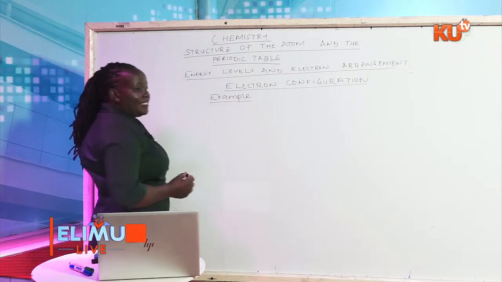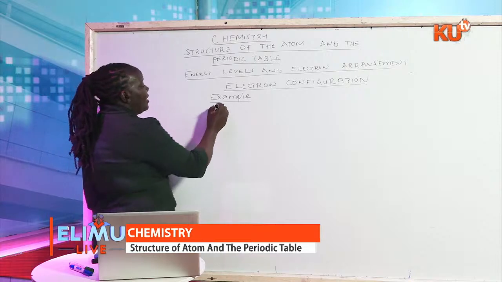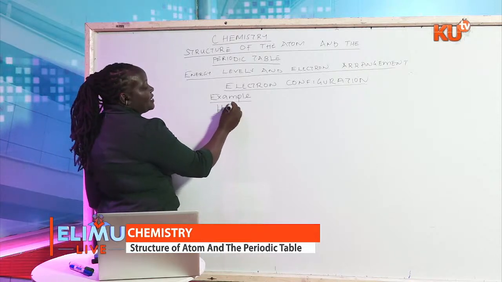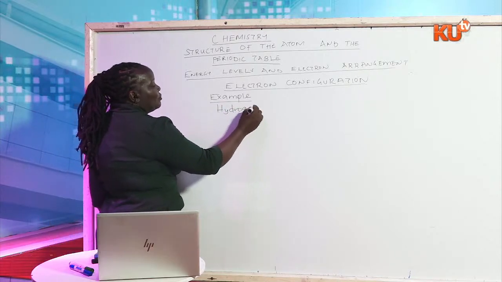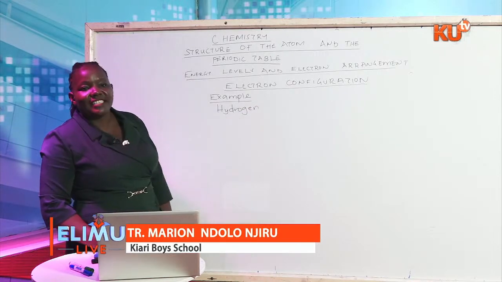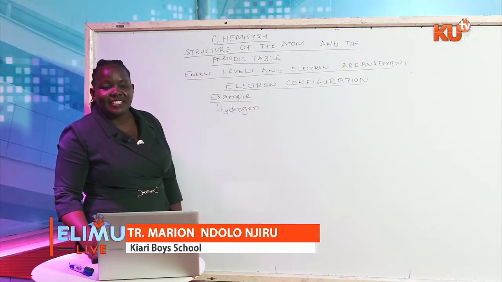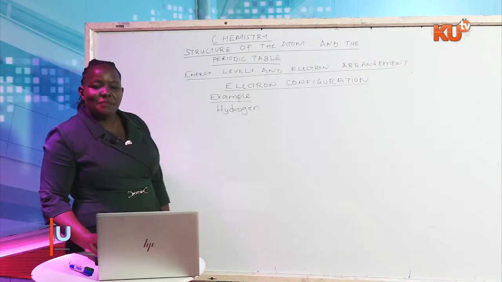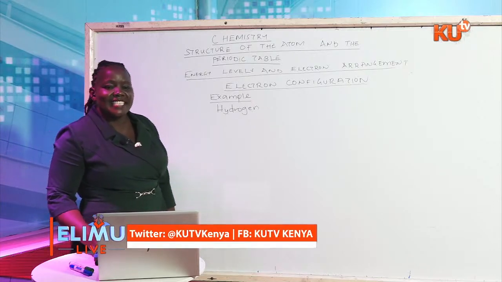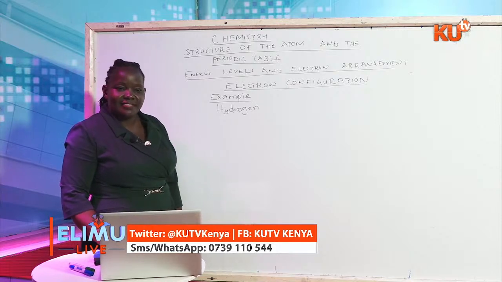I want us to look at an example, hydrogen. We have said that for you to be able to write the electron arrangement, it is necessary you know the atomic number of a given element. Ranas, who can remind us what is the atomic number of hydrogen?